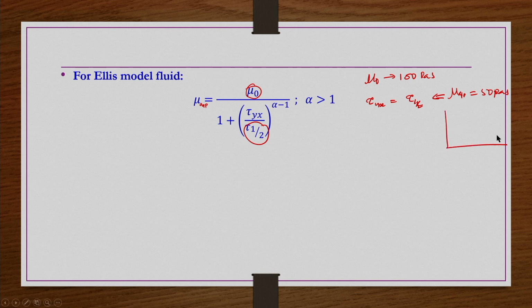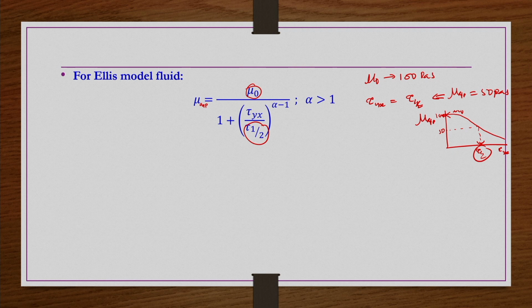If you plot the apparent viscosity versus τ_yx, it is usually large at small shear stress and then gradually decreases like this. This is your μ0. If it is 100, at what shear stress does it become 50, that is, μ0 decreasing to half of its value? The corresponding shear stress value is known as τ_1/2.